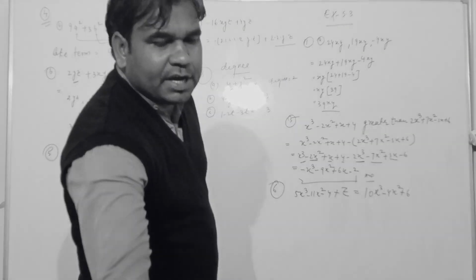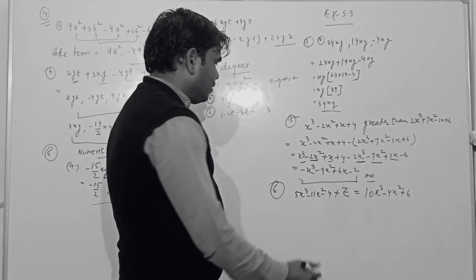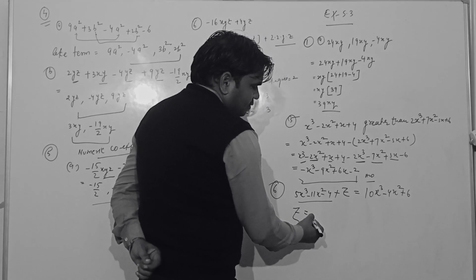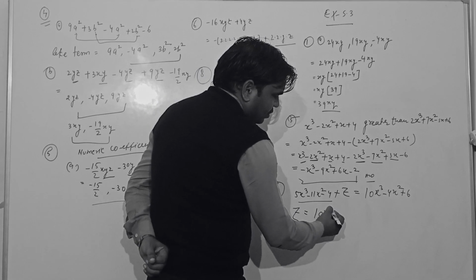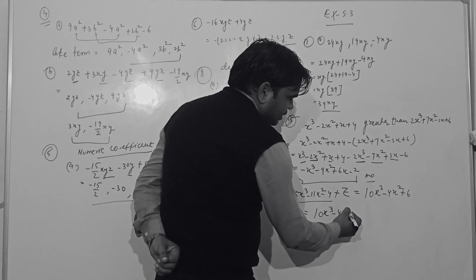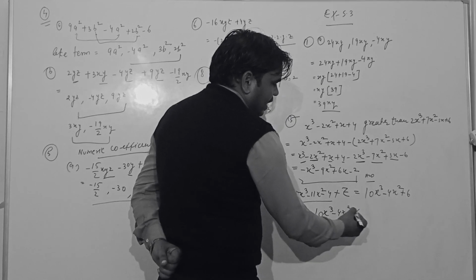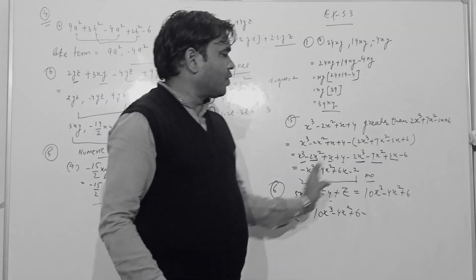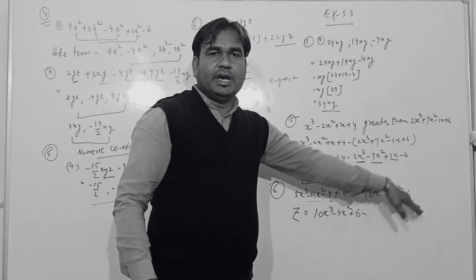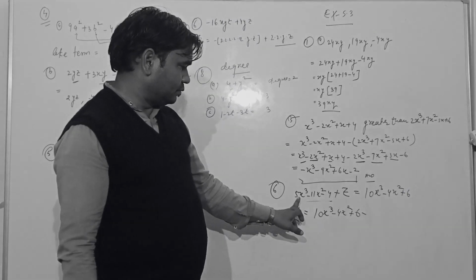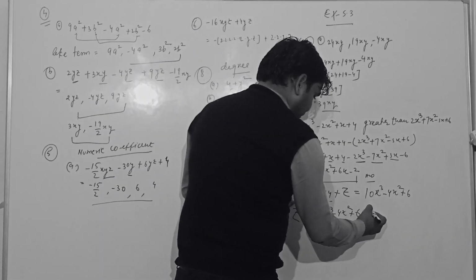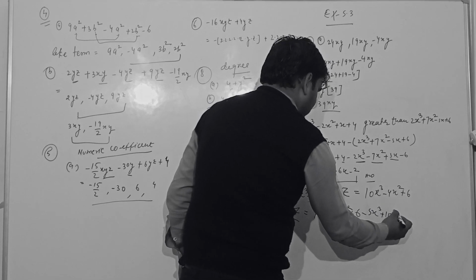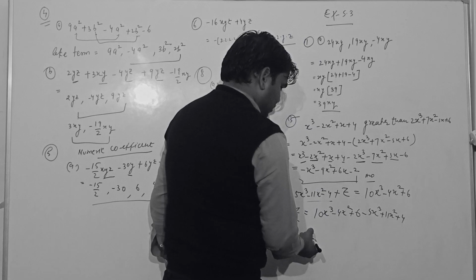So students, here you can see this number, and we can take here z, and here 10x cube minus 4x square plus 6, and after that we can take this expression from here. So the sign should be checked, 5x cube plus 11x square plus 4.